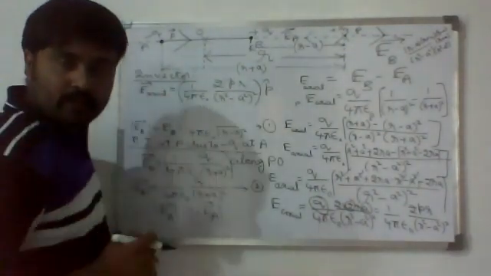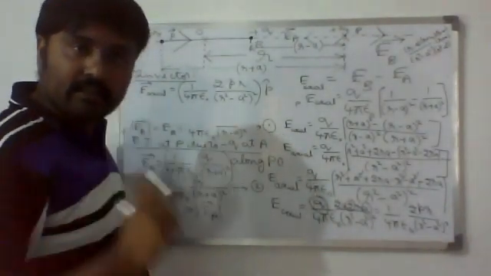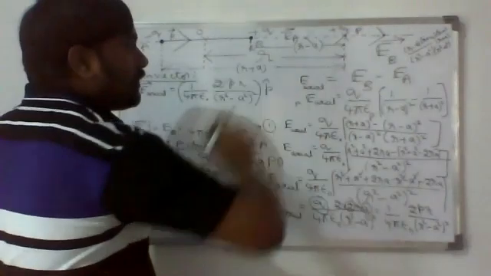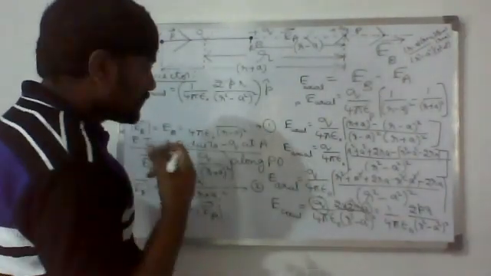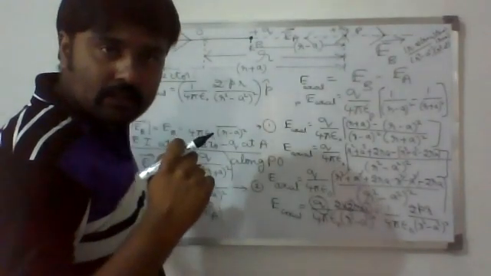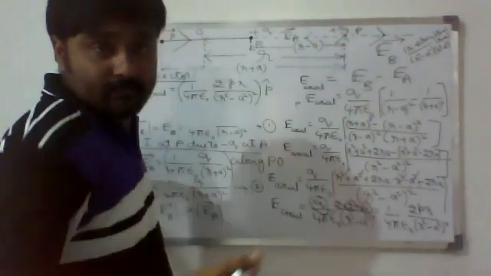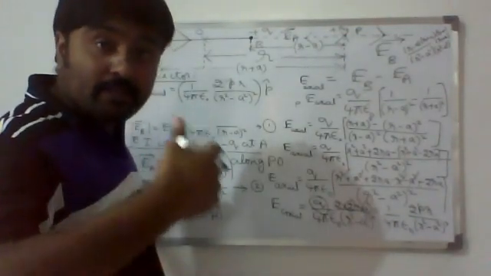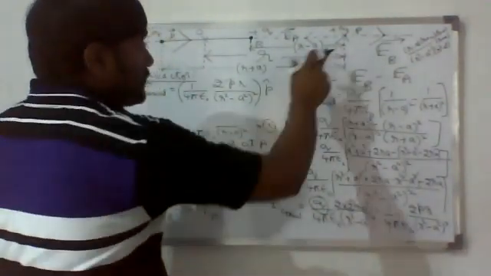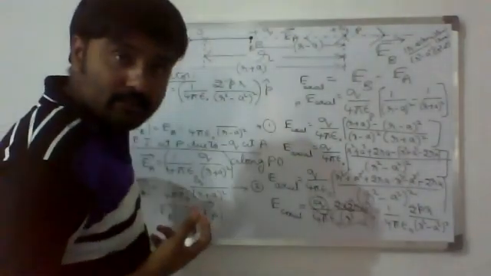P cap is a unit vector, indicates the direction of the resultant electric intensity at a point on the axial line. What is the direction of resultant electric intensity? It is along the direction of the greater magnitude vector. What is that? That is EB, the vector having greater magnitude.